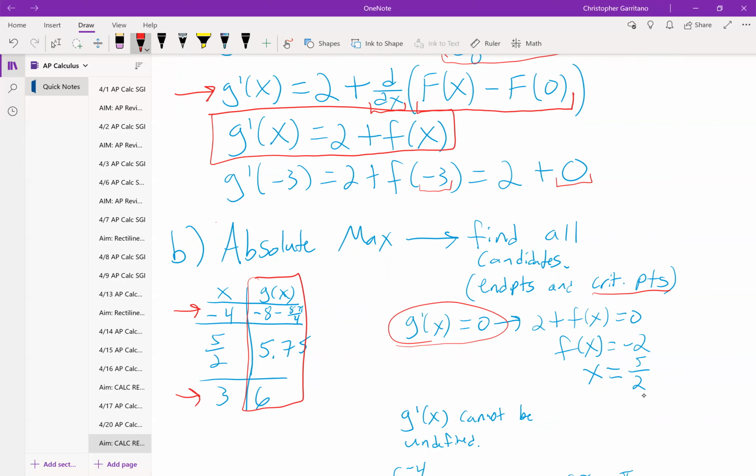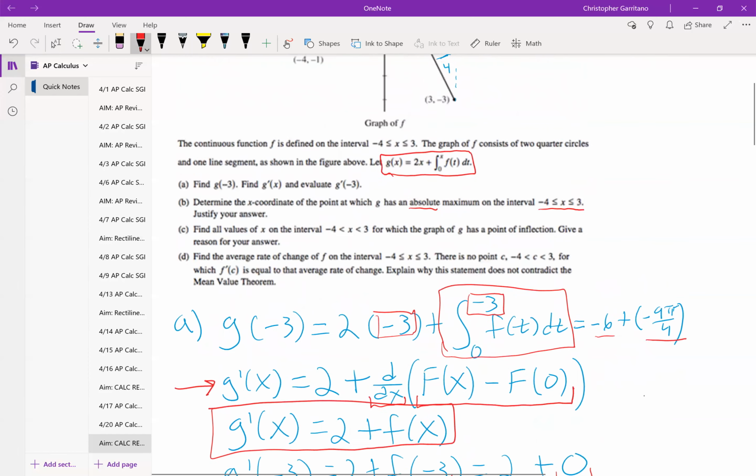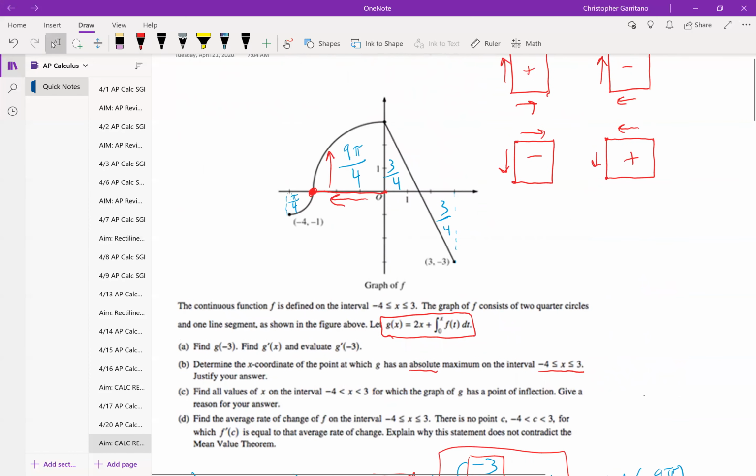All right, well, I go up here and I look at f of x equals -2, and it looks like right around here. So the only tricky part is determining this x coordinate. It happens to be 5/2. So this is 5/2 comma -2.